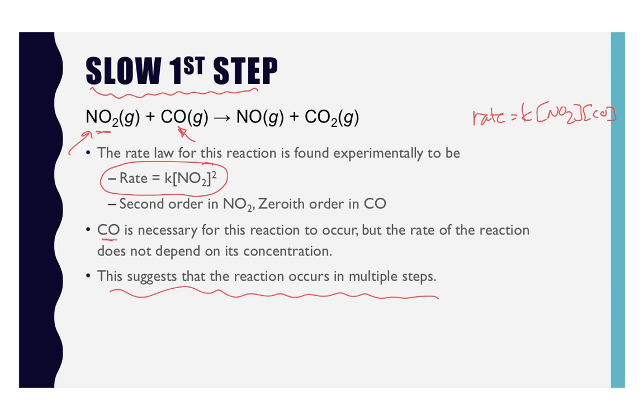Which we can pull straight from the balanced equation, again, if it were an elementary reaction. But that's not the rate law we get. So that suggests to us that it must be happening in multiple steps.